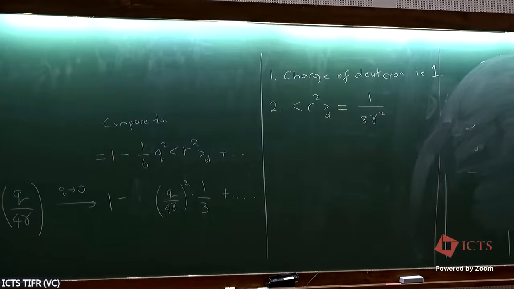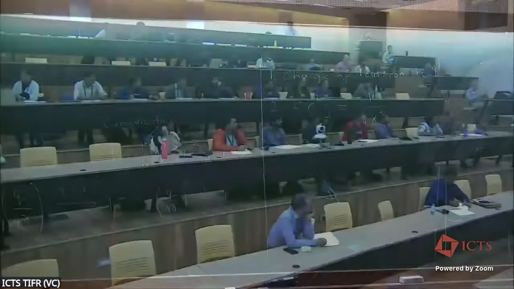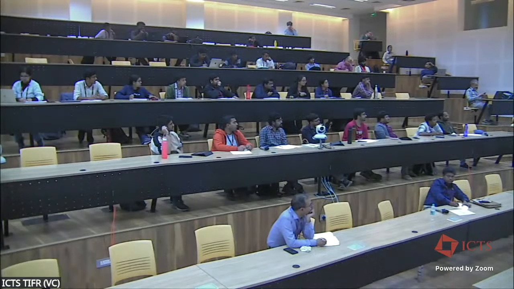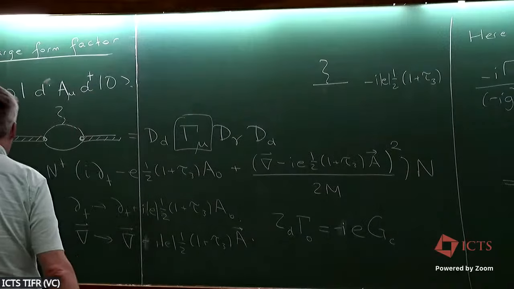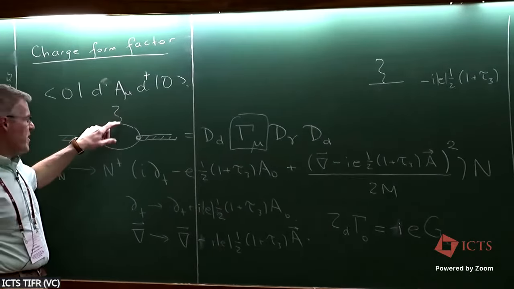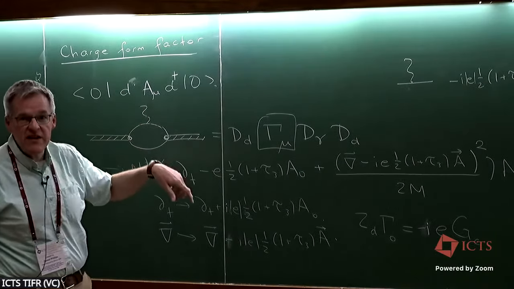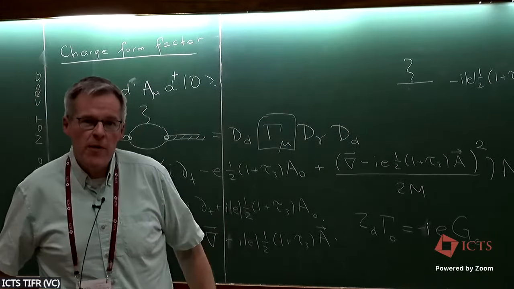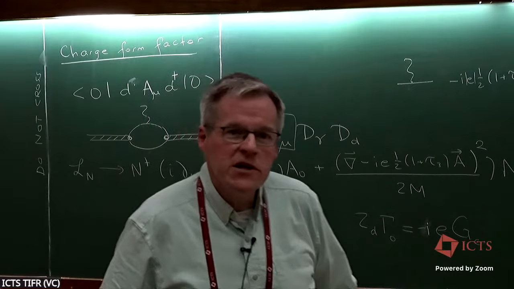I'm sorry, can you say that? Because the photon here is classical, right? We didn't try to do anything fancy like dress the photon with a vacuum polarization. All I'm trying to do is extract the current that the photon couples to in some classical sense.